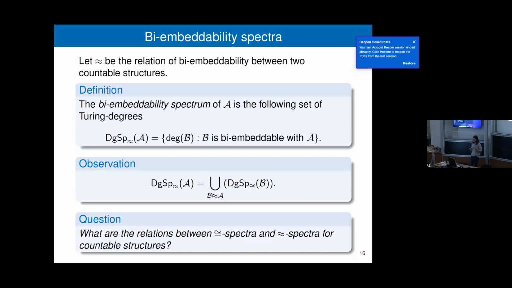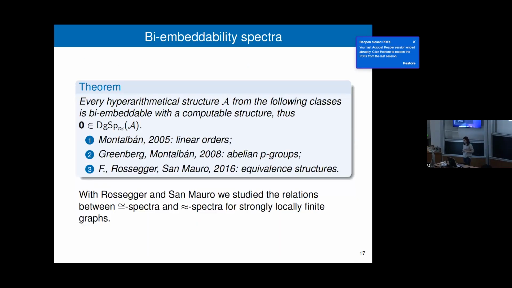So the general question here is how bi-embeddability spectra and isomorphism spectra are related to each other. Bi-embeddability is quite hard to work with, so we do not really have that many interesting results here.